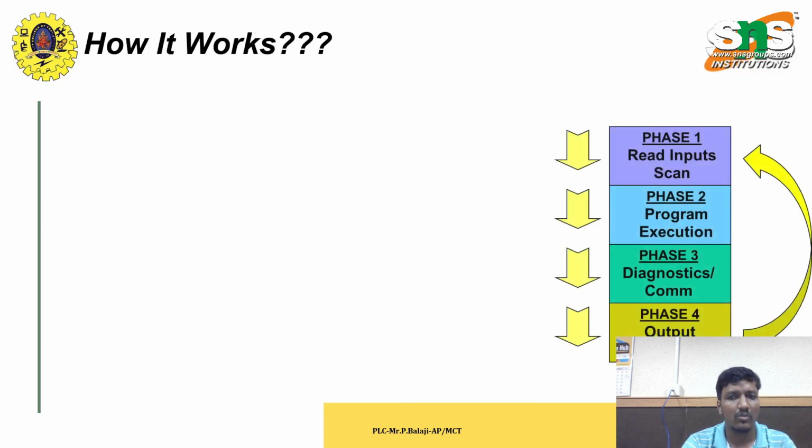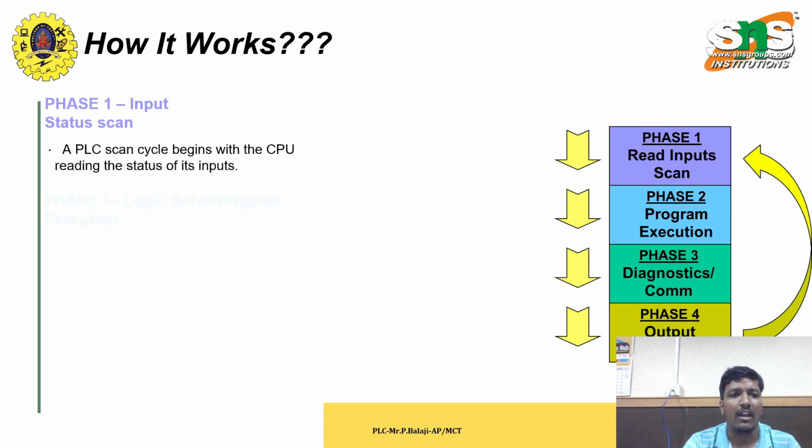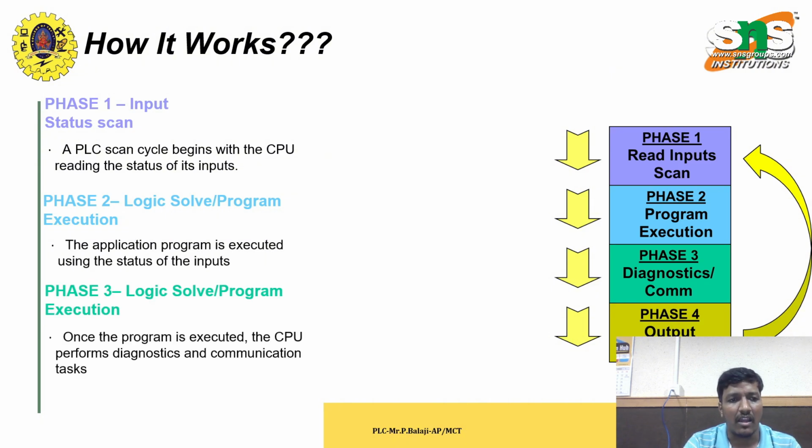So how does it work? Basically it is a scanning process. In phase one, the PLC scan cycle begins with the CPU reading the status of inputs and outputs. In phase two is program execution, which means the application program is executed using the status of the inputs. In phase three is communication, where you can communicate data between the inputs and outputs, and their working status, from one device to another.